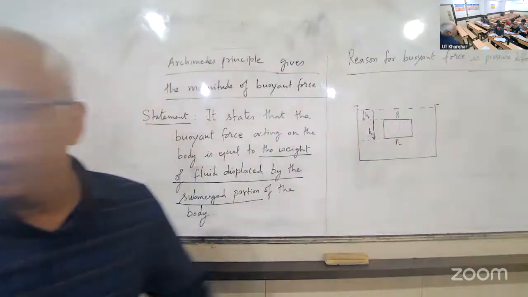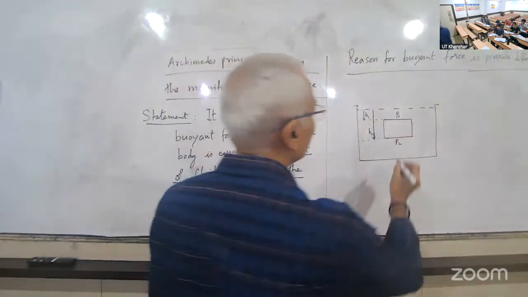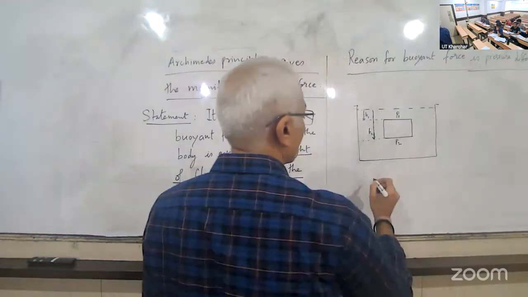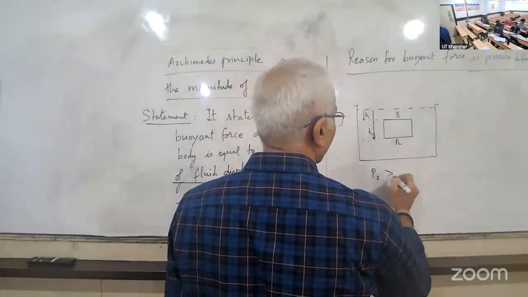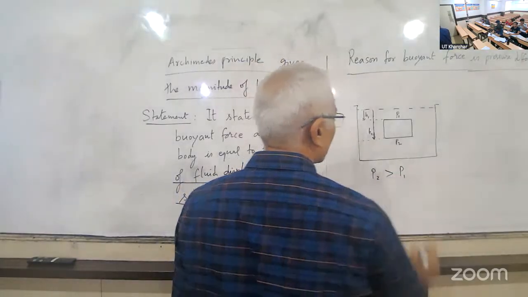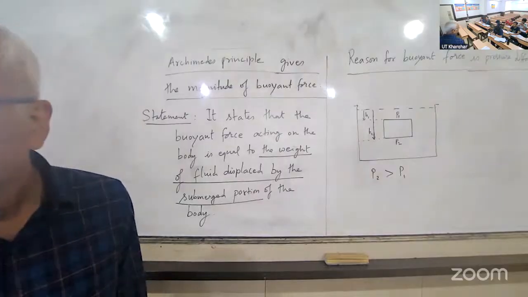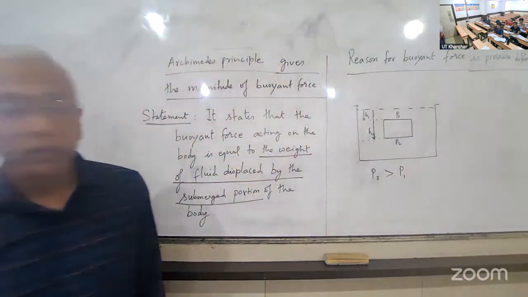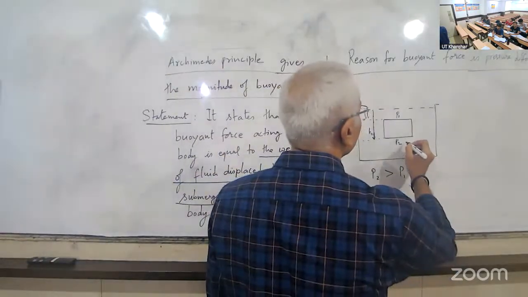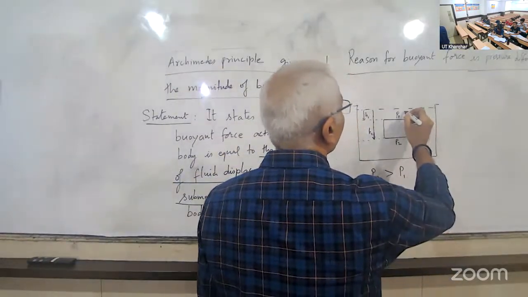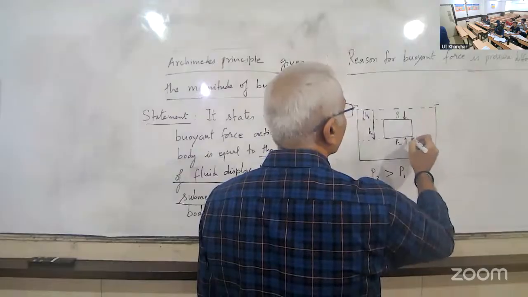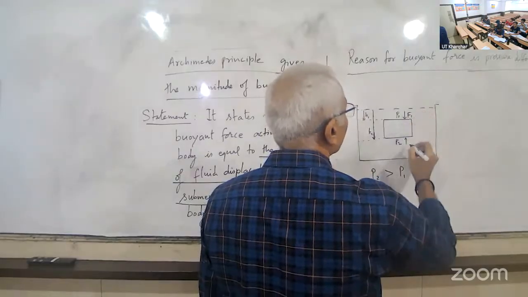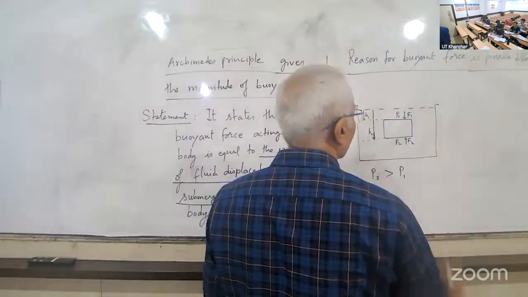कौन सा प्रेशर ज्यादा होगा? P1 या P2? P2 ज्यादा होगा. तो P2 is greater than P1. तो फोर्स कौन सा ज्यादा होगा? तो यहाँ पे थ्रस्ट ज्यादा होगा कि यहाँ पे थ्रस्ट ज्यादा होगा? P2 पे ज्यादा सर. ठीक है?